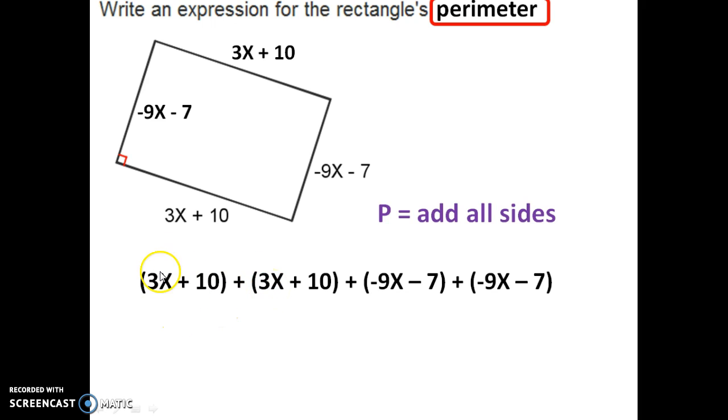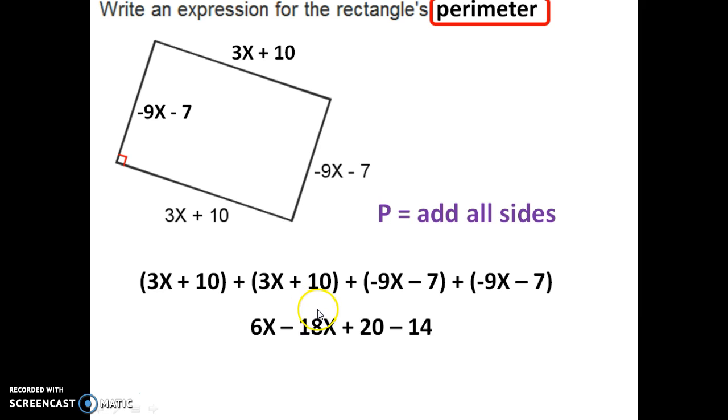So let's take a look at simplifying this, and we're just going to focus on 2 parentheses at a time. So 3x plus 3x gives us the 6x, and 10 plus 10 gives us 20. So 3 plus 3 is 6, and 10 plus 10 is 20. Then we get negative 9x plus negative 9x, which gives us our negative 18x.